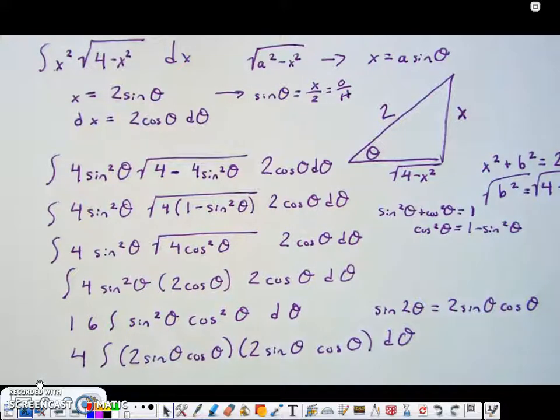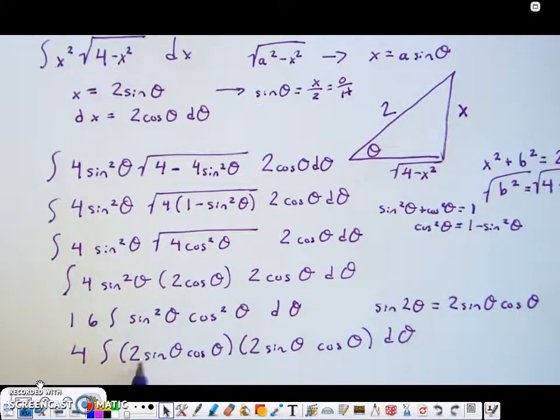Okay, so I'm just separating sine squared, cosine squared into sine times cosine times cosine, and then putting sine theta cosine theta and sine theta cosine theta together. Does that make sense? And I really wanted the 2's, so I just took them out of the 16.